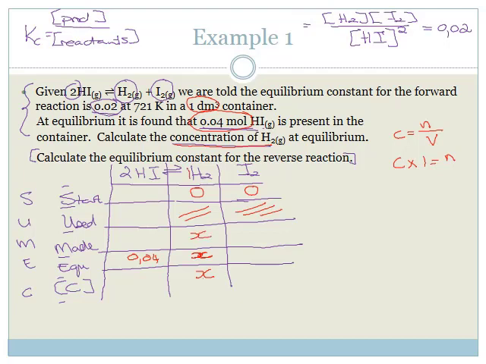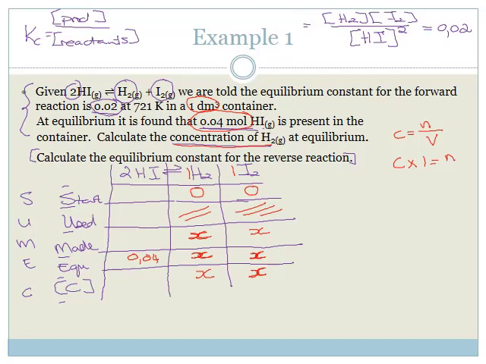Now the ratio of hydrogen to iodine is 1 to 1, which means that if we made X moles of hydrogen, we must have made X moles of iodine, and therefore we ended up with X moles at equilibrium. And finally, that means that we have X moles per unit volume. In other words, our concentration has to be X because the volume is 1.